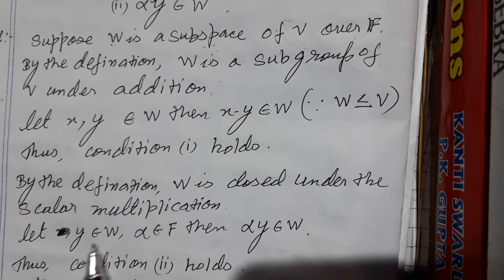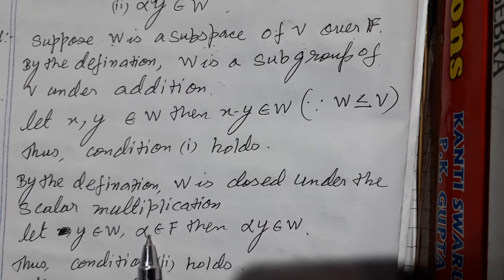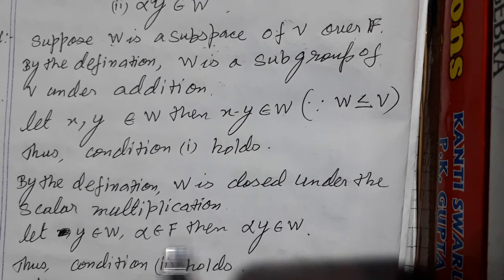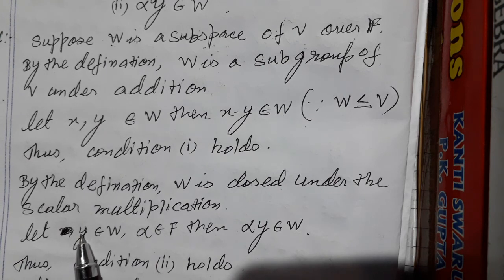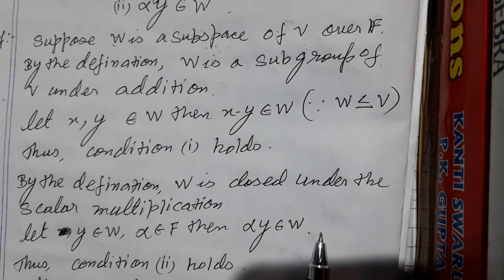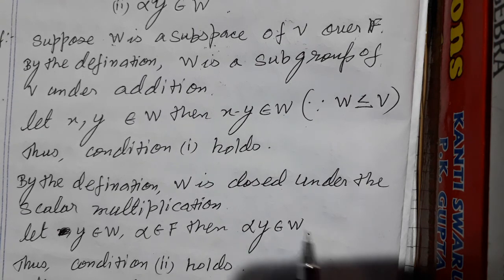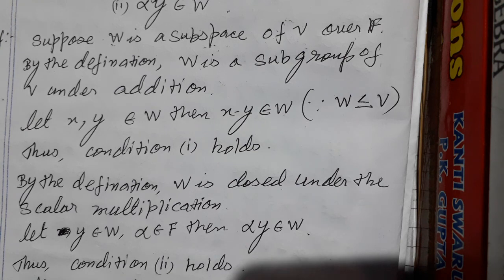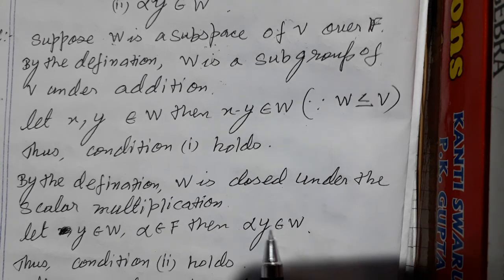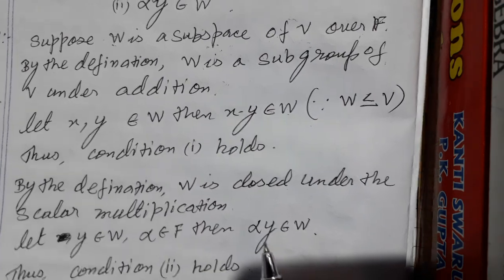So I take one element y from W and an element alpha from the field. Since W is closed under scalar multiplication, alpha times y also belongs to W. So this shows that condition 2 is also true.